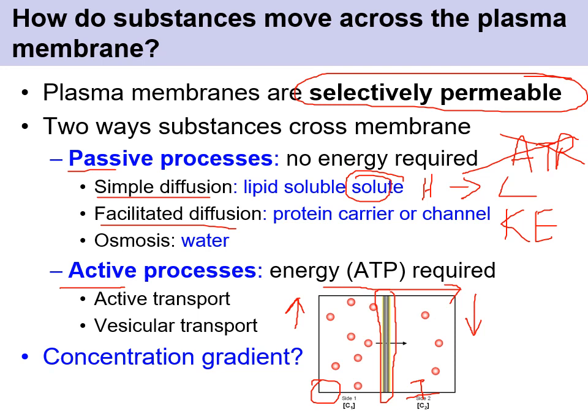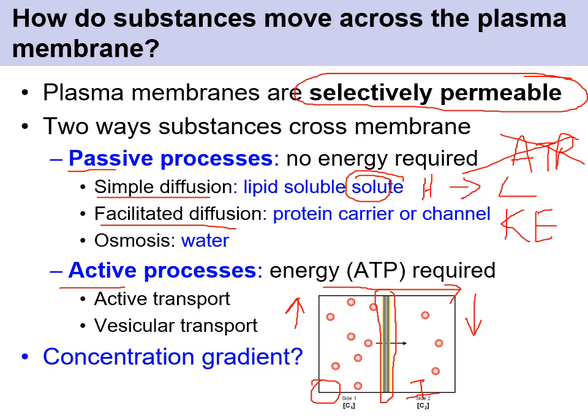The difference between simple and facilitated diffusion: simple diffusion means that the item can fit through the cell membrane without any type of assistance. This will usually be a lipid-soluble item so that it can gain quick access to the inside of the cell or the outside. It depends on how it's moving down its concentration gradient, right?